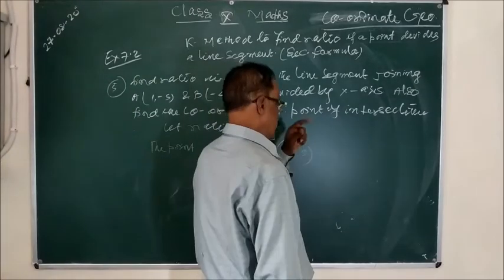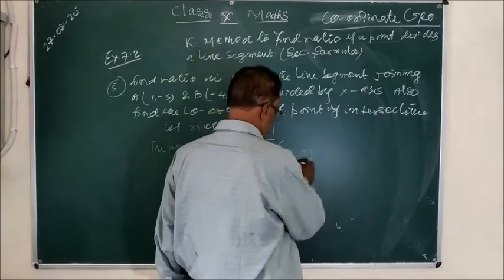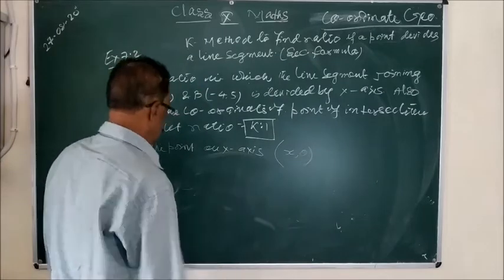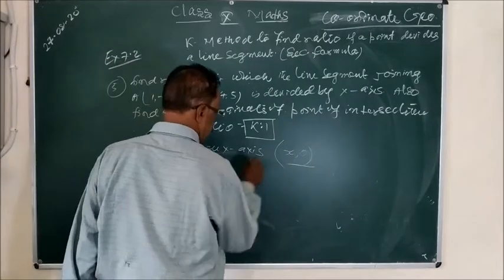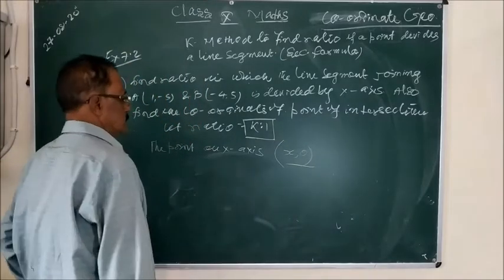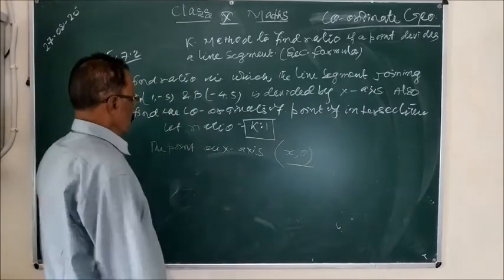This is the point on the x-axis. If the point is on the y-axis, it will be 0, y. You should remember this, it is very, very important in coordinate geometry. Most students get confused here.